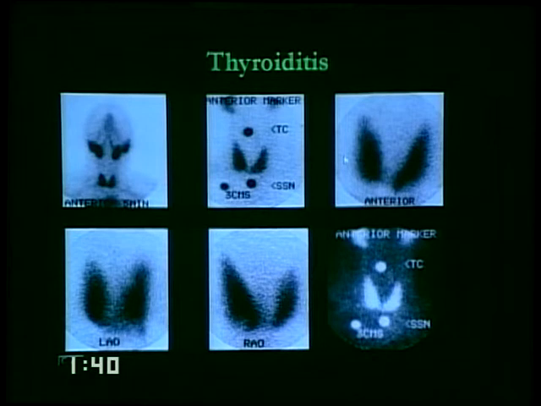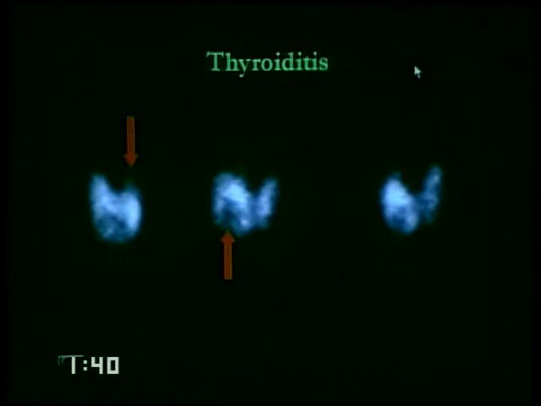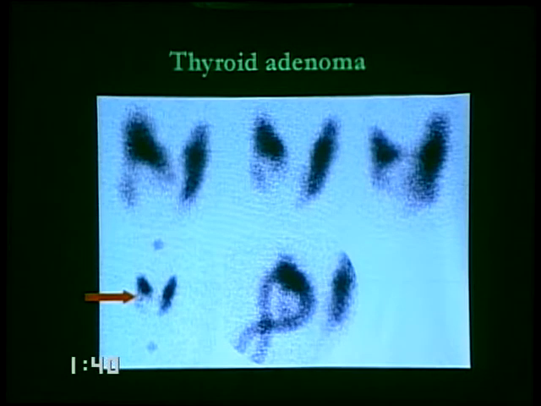Again, this is a classic example of just overall increased activity, and the gland does look fairly homogeneous. However, you can have heterogeneous distribution because some of your thyroid cells are not functioning and there is a lot of replacement by autoimmune activated follicles between the thyroid colloidal cells. So that can also be seen in thyroiditis.